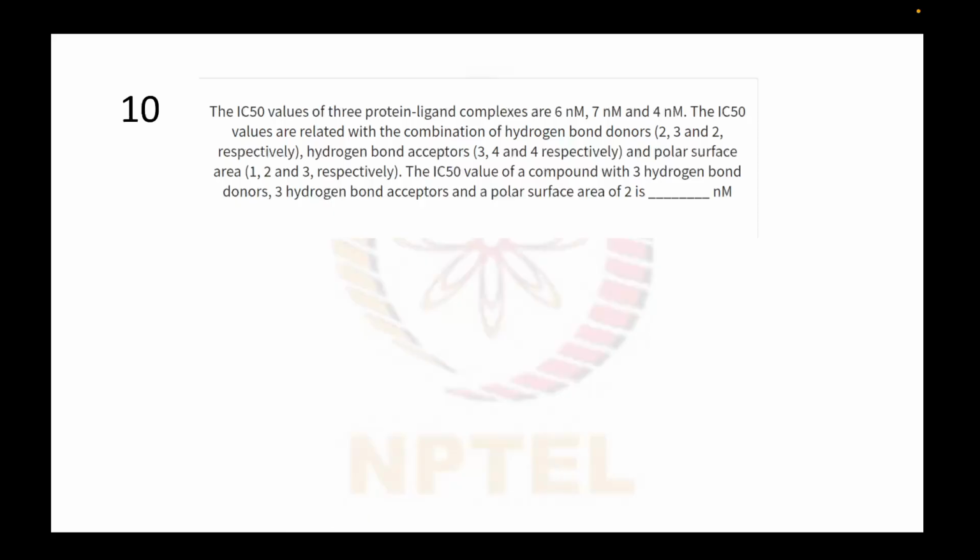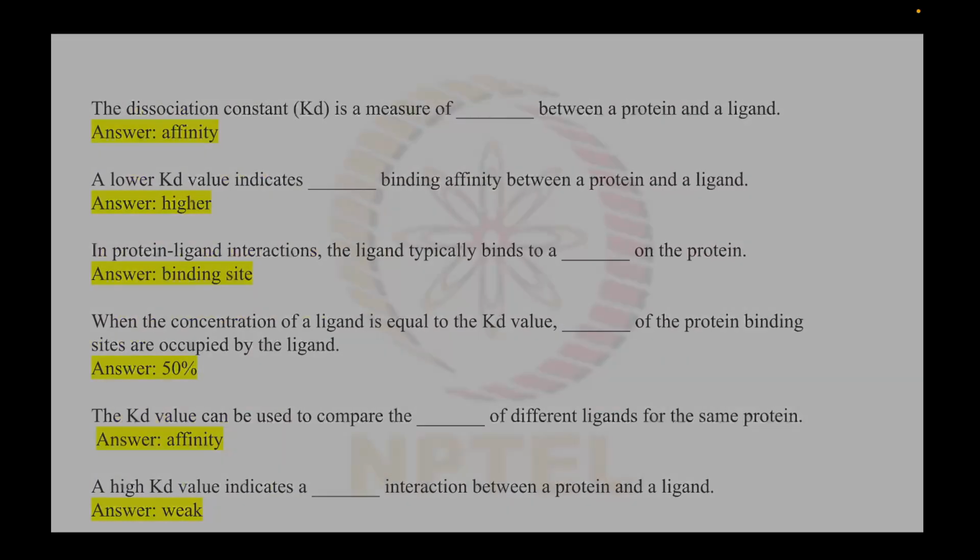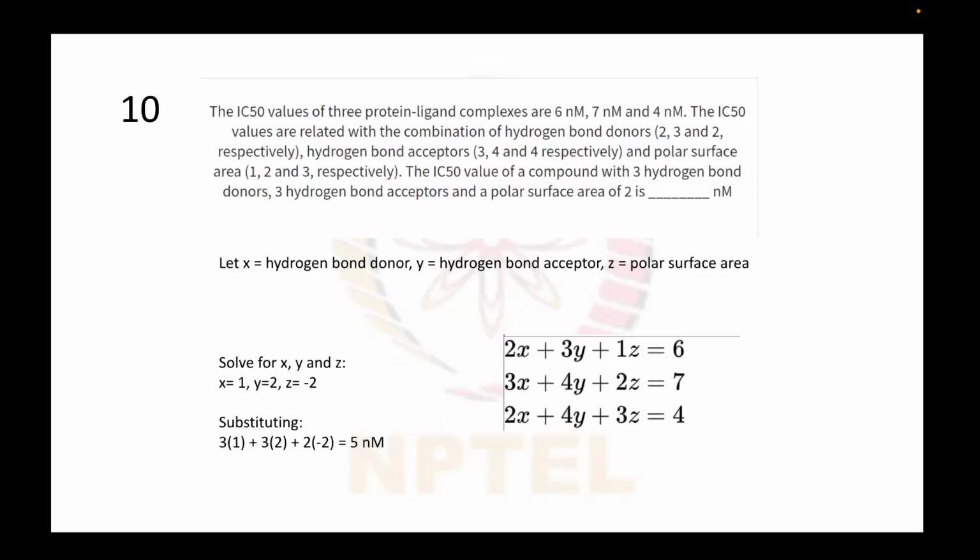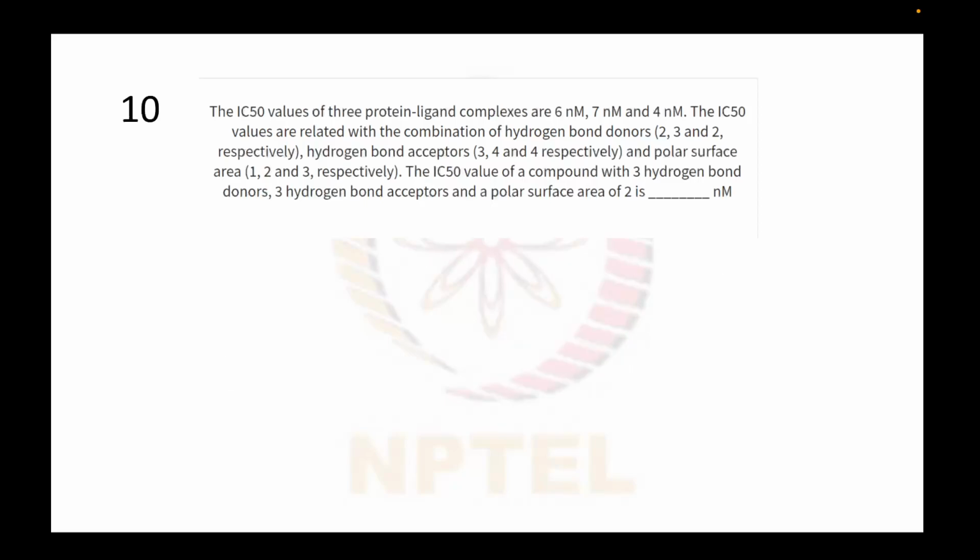Here I have taken more equations. I hope this will be the last question for today. Here I have IC50 values for 3 protein ligand complexes, and values of hydrogen bond donors, hydrogen bond acceptors, and polar surface area have been given.